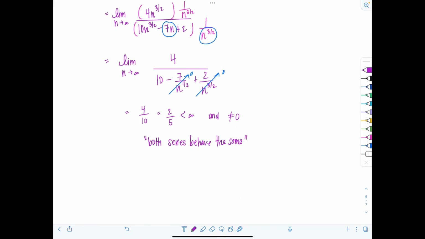And I will nicely summarize right now. So we've got the sum, n equals 1 to infinity, 4 rad n over 10n to the 3 halves minus 7n plus 2 also diverges by the limit comparison test.